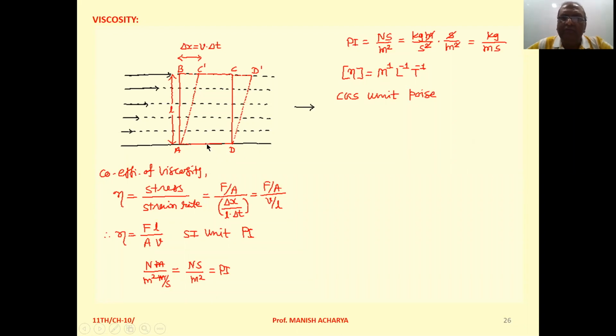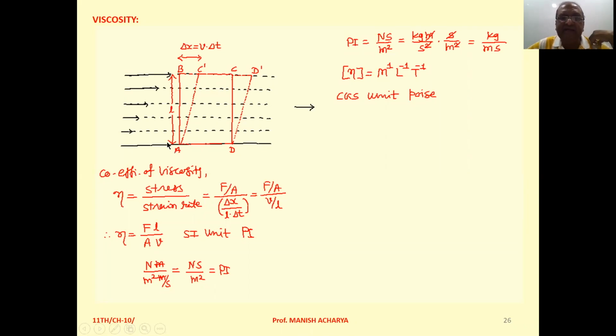But as we move away from the surface, the attractive forces become weaker, and due to that, the different layers will flow over each other with different velocities.